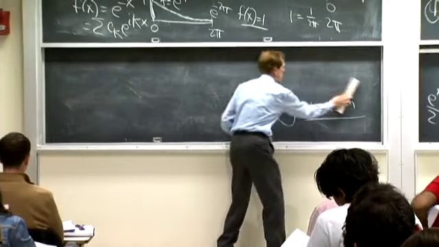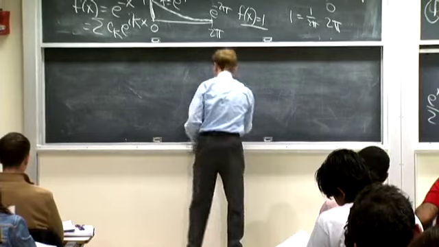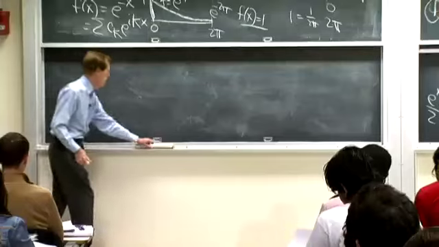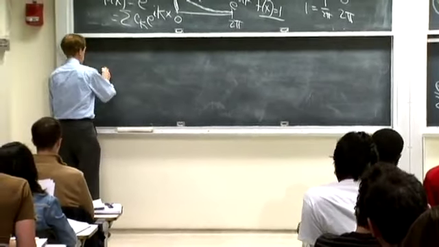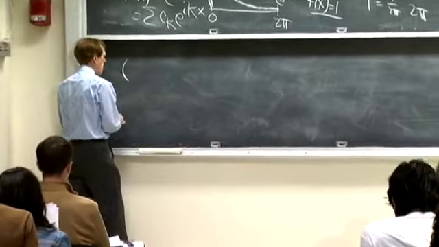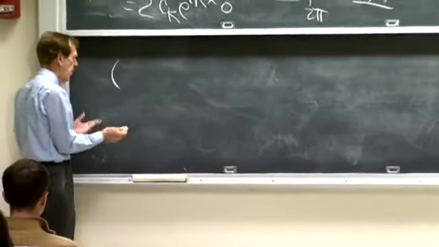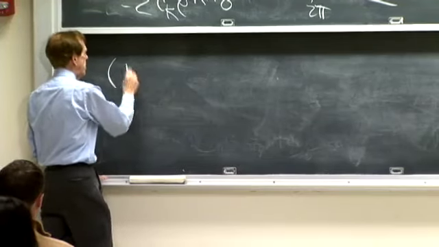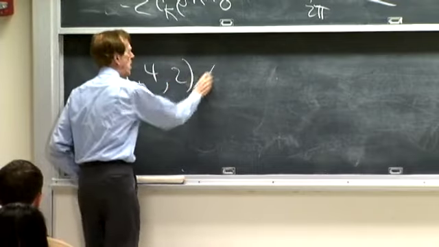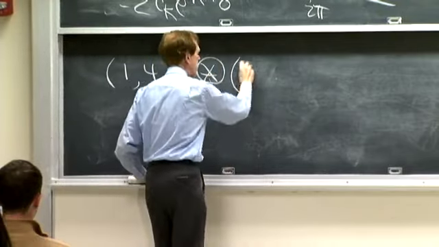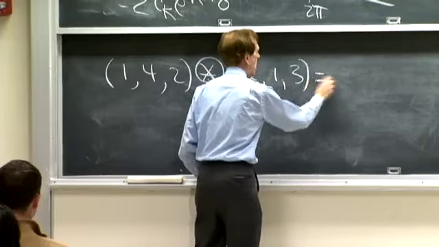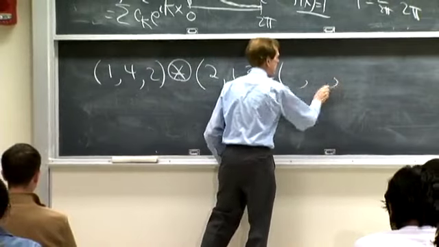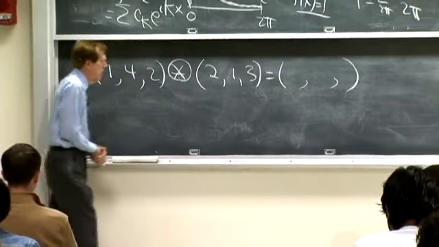One type of problem would certainly be if I gave you a cyclic convolution and asked for the direct way: what's the cyclic convolution of 1, 4, 2 cyclically with 2, 1, 3 or something? But that's just a calculation, so you would get that. I won't discuss that further.